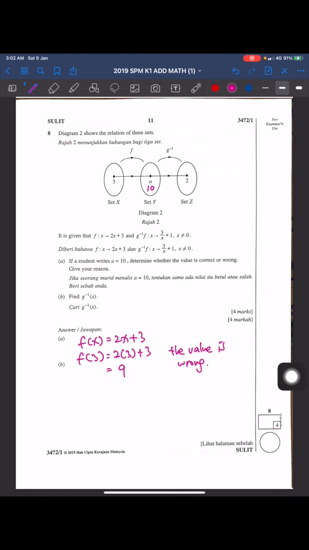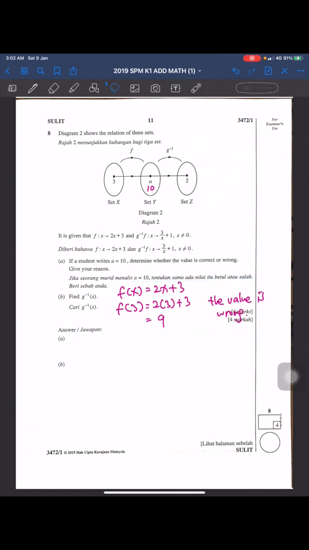Next, find g inverse x. Saya cuba pindahkan ni kat atas sekejap. So kita ada g inverse of f(x), saya rewrite is equal to 3 over x plus 1.